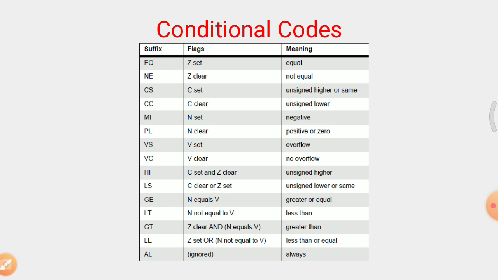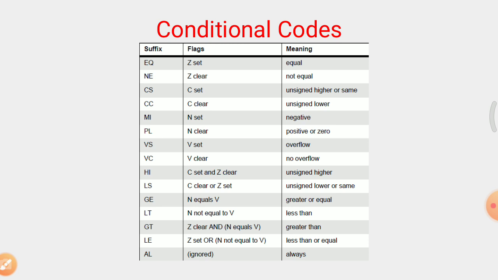That is, there should not be any overflow. If we use HI, that is unsigned higher, for this condition, the instruction is going to be executed only when C, the carry flag, is equal to 1 and Z flag is equal to 0.